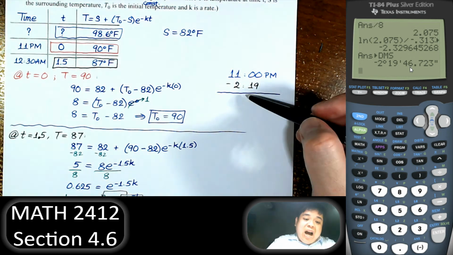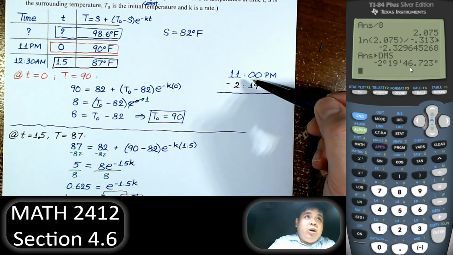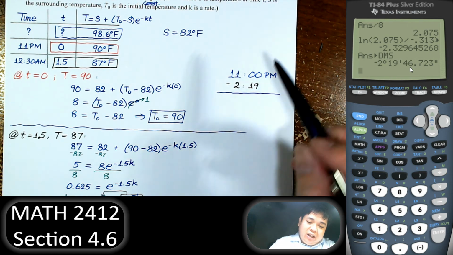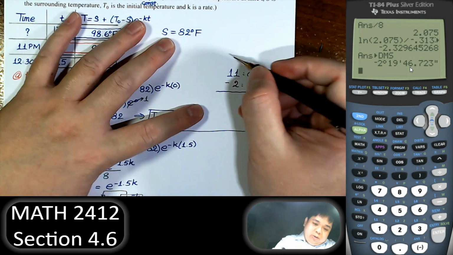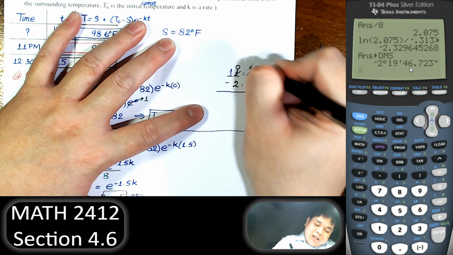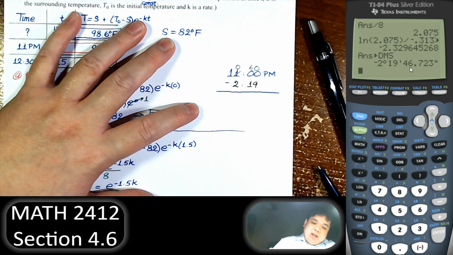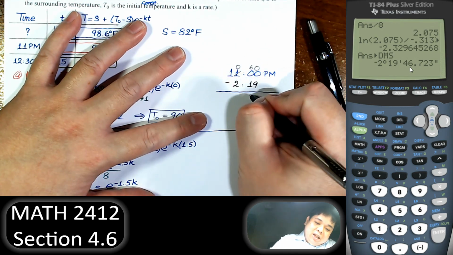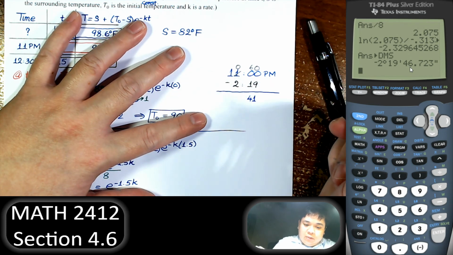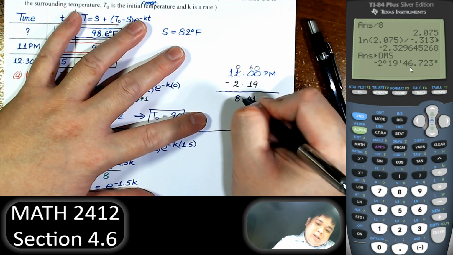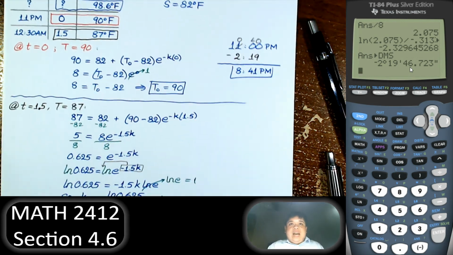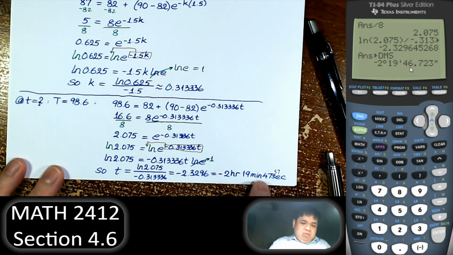So the person dies 2 hours and 19 minutes before 11 p.m. We cannot subtract here 0 minus 19, so we borrow 1 and make this 60. So 60 minus 19 is 41, and then 10 minus 2 is 8. So that is the estimated time of death. Of course, we can ignore the seconds.